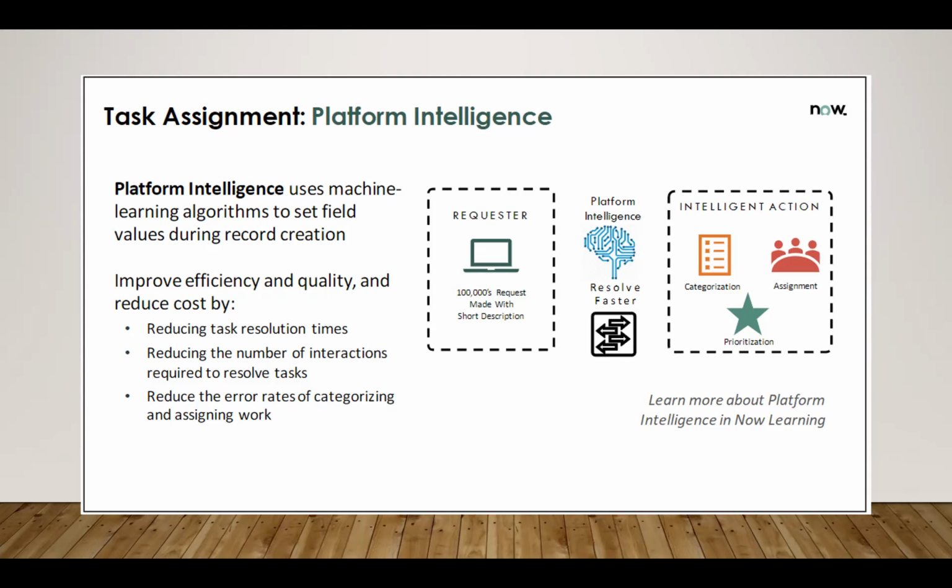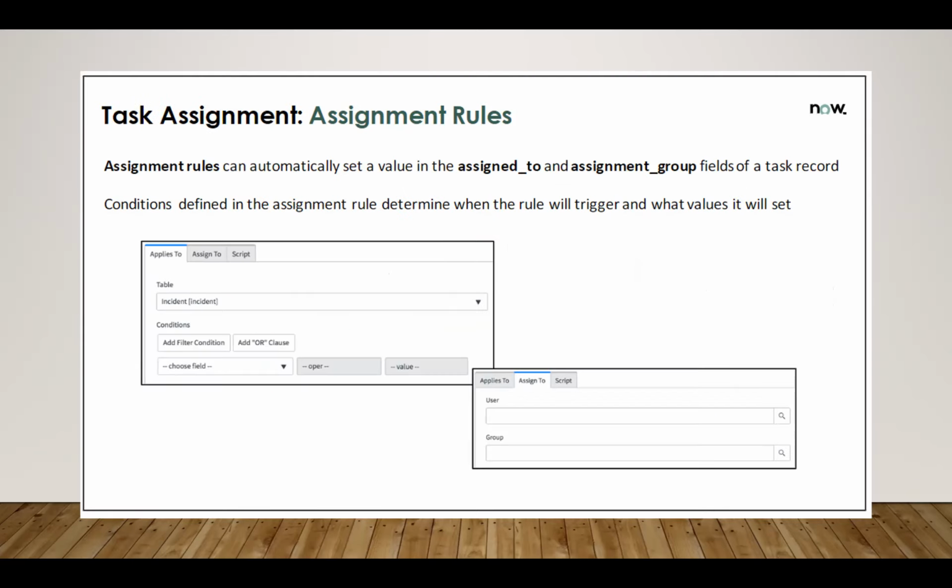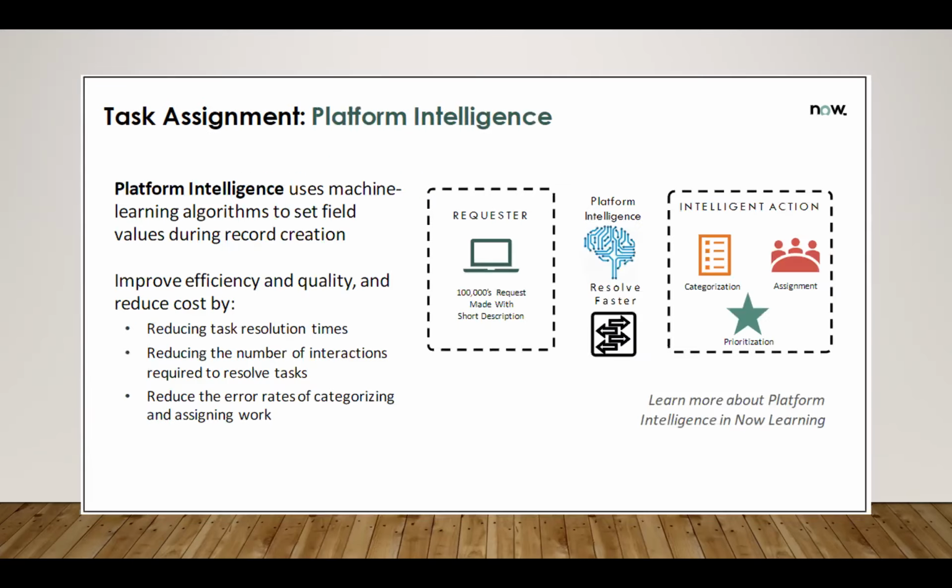So what platform intelligence is doing is using a machine learning algorithm to set these two things, the assigned to field and the assignment group field, to make the work faster. Their aim is to reduce the resolution time, reduce the number of interactions required to resolve the task, and reduce errors in categorizing and assigning work.